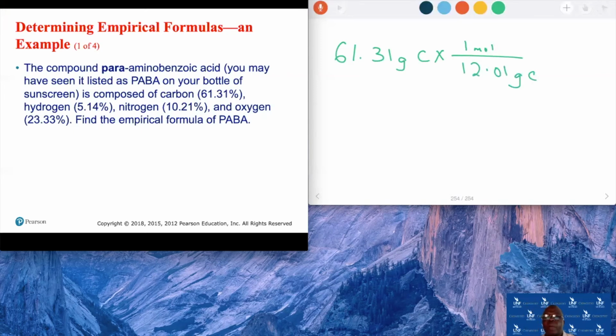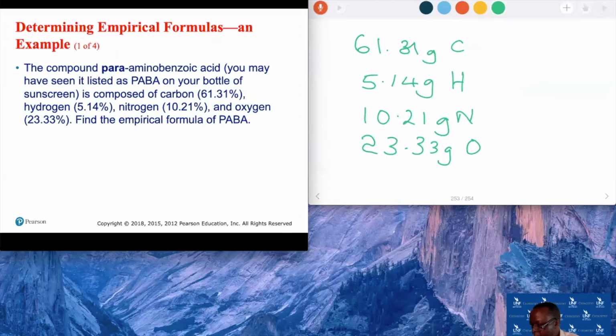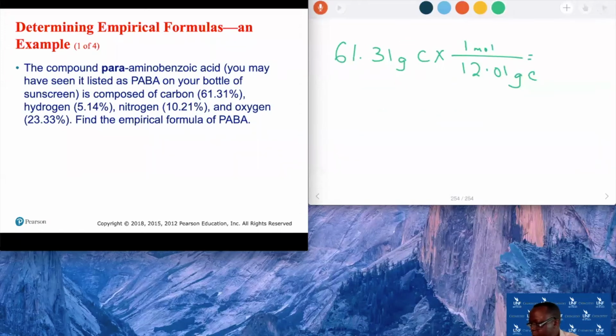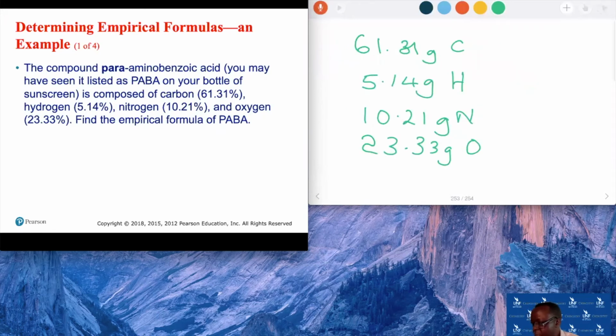I'm using the atomic mass of carbon. For hydrogen, 5.14 grams of hydrogen times 1 mole of hydrogen over 1.01 grams of hydrogen, the atomic mass of hydrogen.